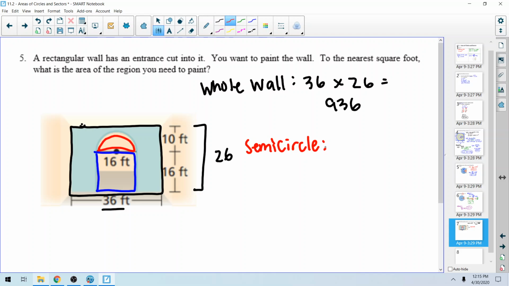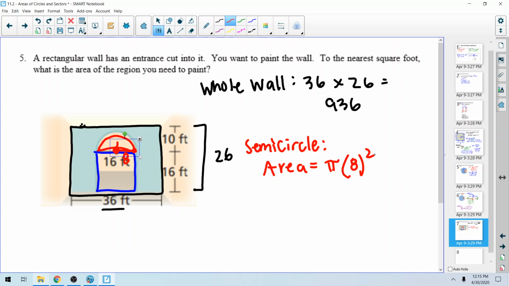And a semicircle just means half of a circle. So the area of my circle is pi times my radius squared. Well, radius is from the center to the edge. That would be 8, because the whole thing's 16, half would be 8, so pi times 8 squared.